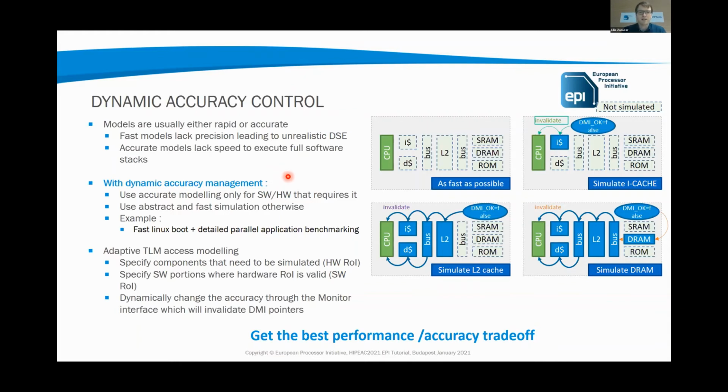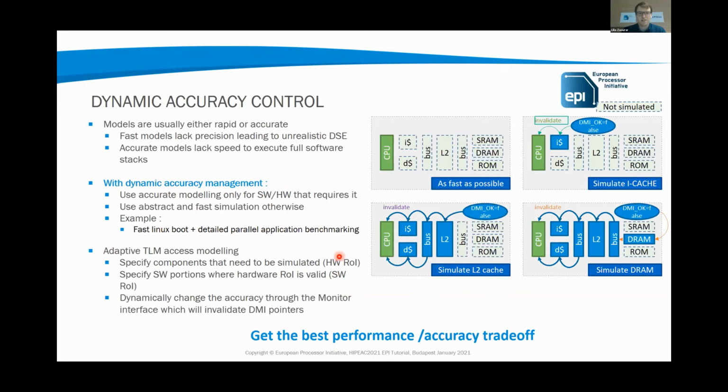What we've set up here is we try to achieve a good performance-accuracy trade-off by enabling the user with dynamic accuracy management, which can be applied both on the hardware part and on the software part. That means that you're able to set up which level of accuracy you need for each piece of executing software, and also which level of accuracy you require for a given hardware IP in the memory hierarchy.